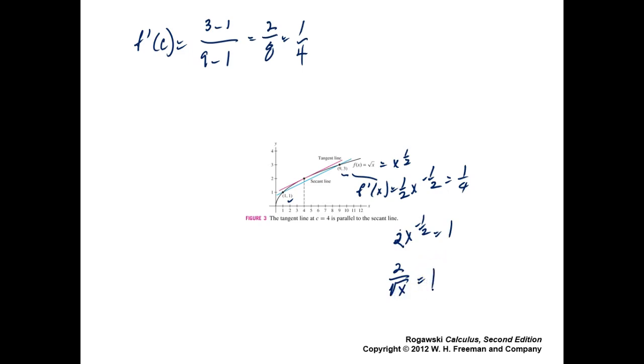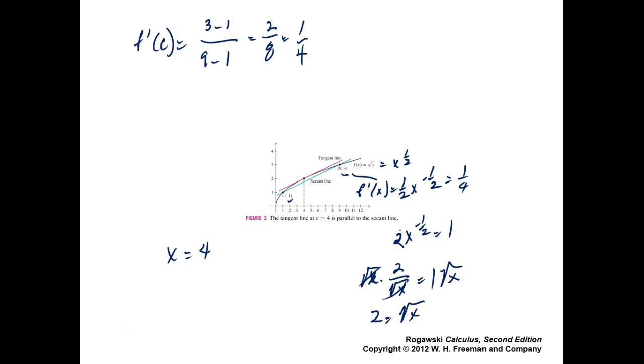And then what? You multiply by square root of x. These go out. You have 2 is equal to square root of x. And guess what x would be then? Square both sides, 4. So x equals 4, and sure enough, x equals 4 is a value in between 1 and 9, and at that point the slope of the tangent line is equal to that of the secant line. All right, very good.